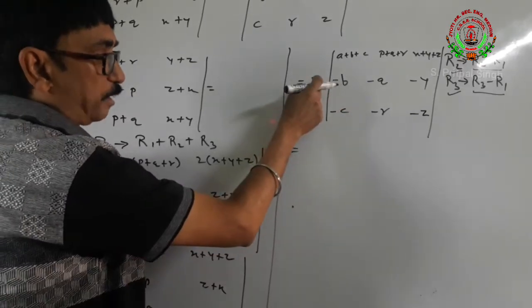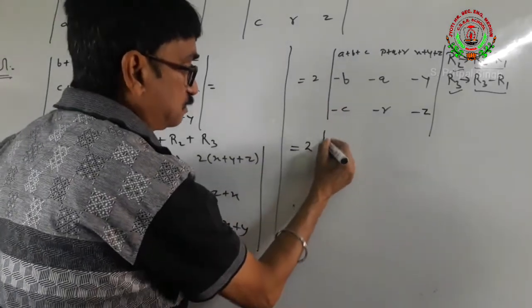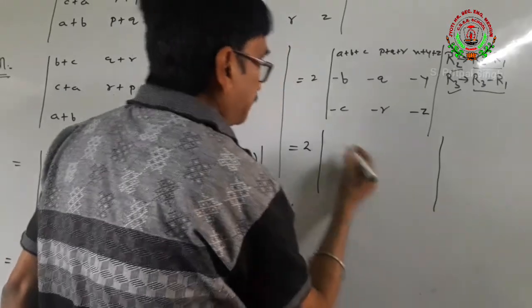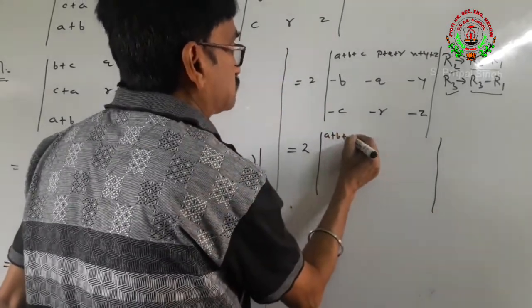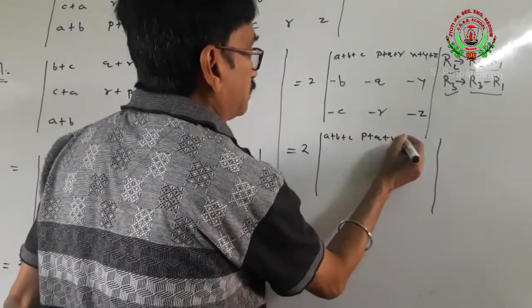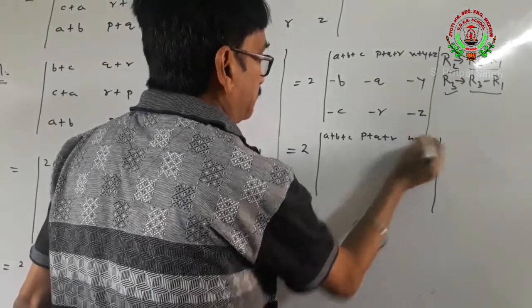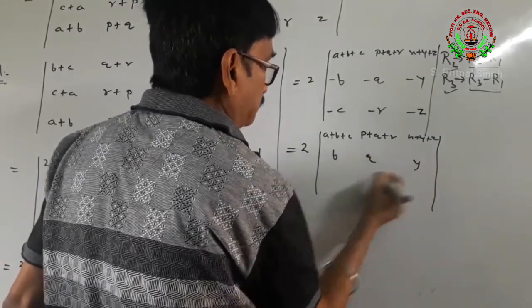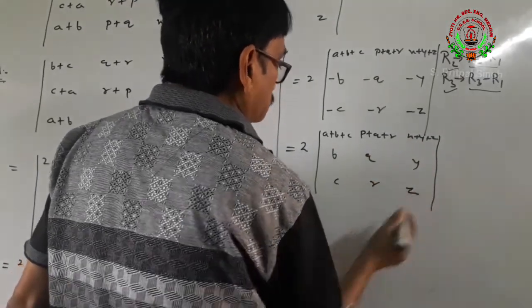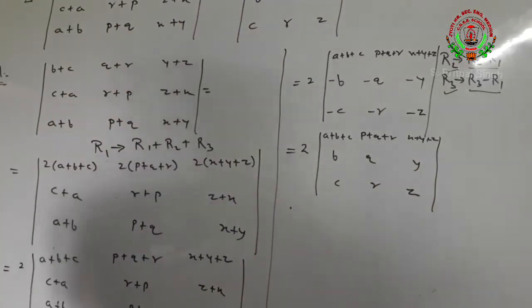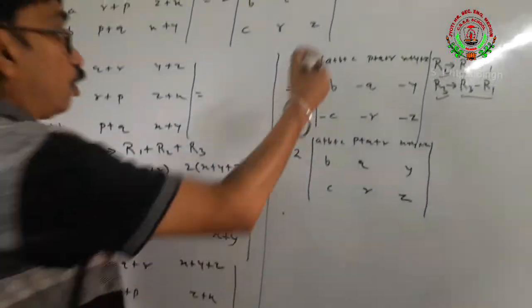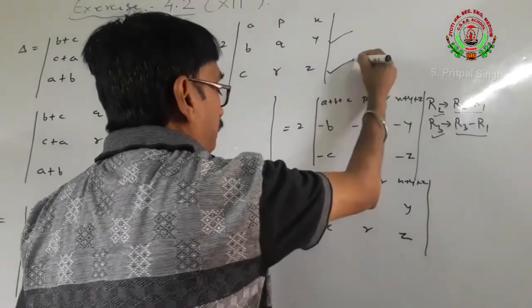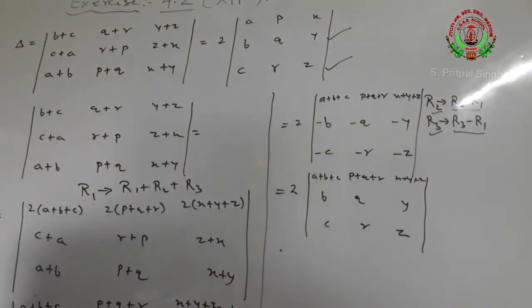So minus into minus becomes a plus. And now we can write it as A plus B plus C, P plus Q plus R, X plus Y plus Z, then B, Q, Y, C, R, Z. So R2 and R3 elements will become positive.